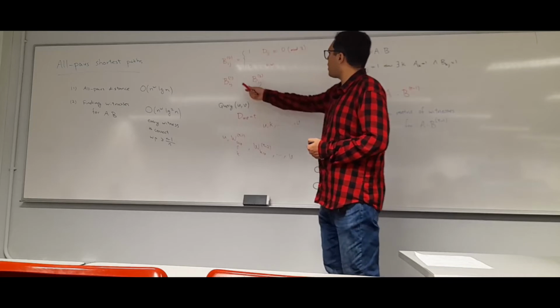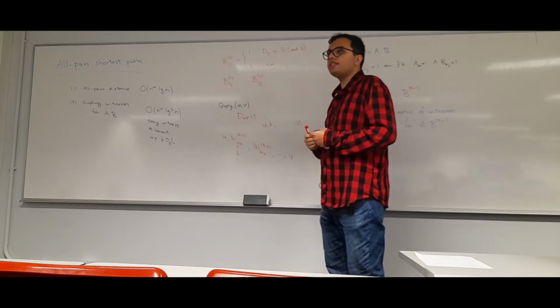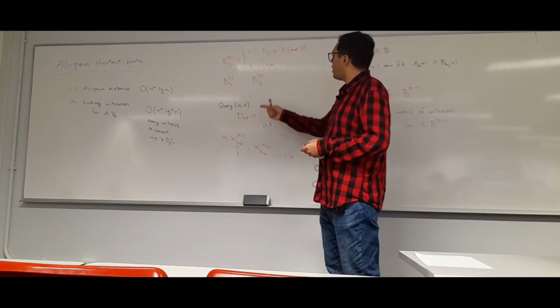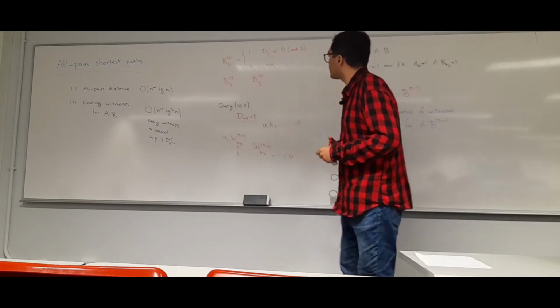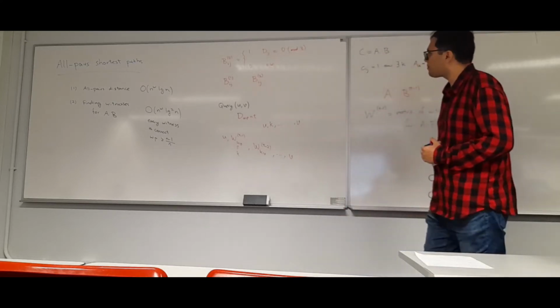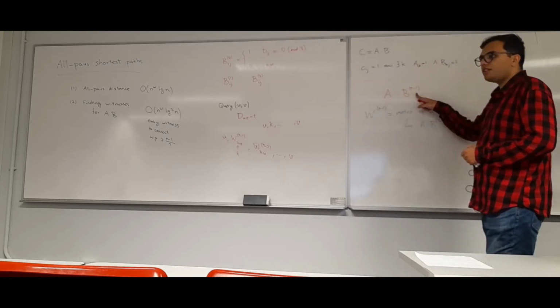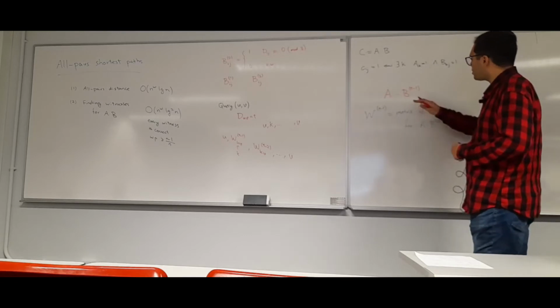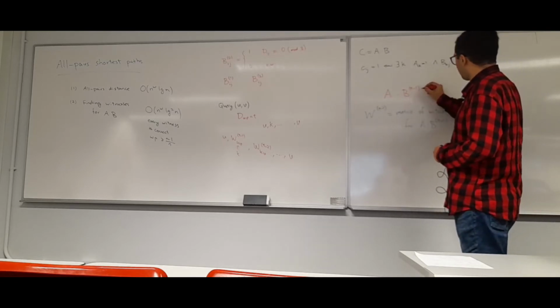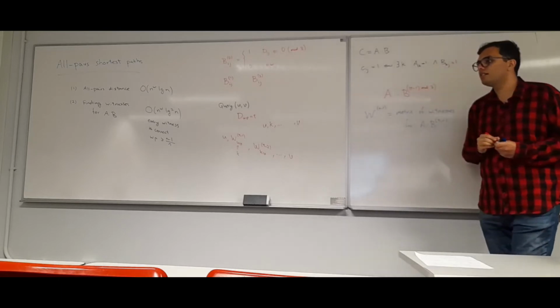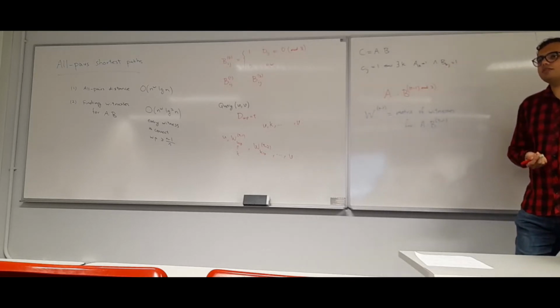B1 of ij is 1 if the distance from i to j modulo 3 has a remainder of 1, and B2 of ij is the same thing for remainder 2. Now, instead of this B_{t-1} here in the multiplication, I can just use B_{(t-1) mod 3}. Right? And everything would work out.